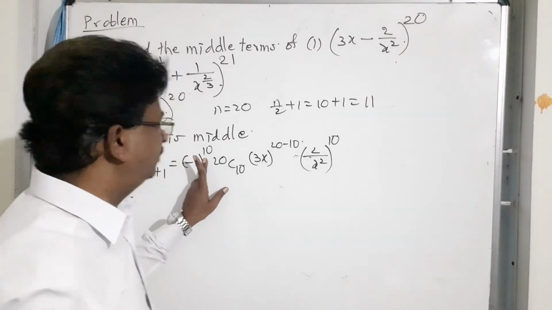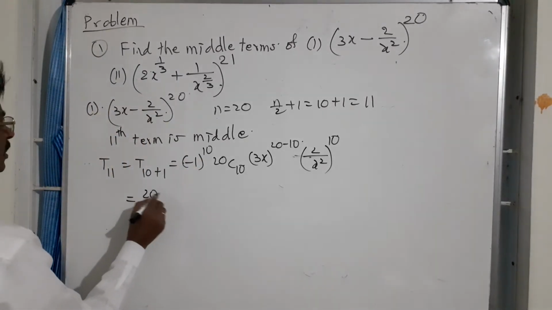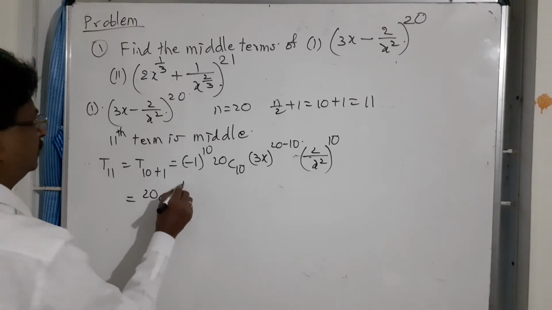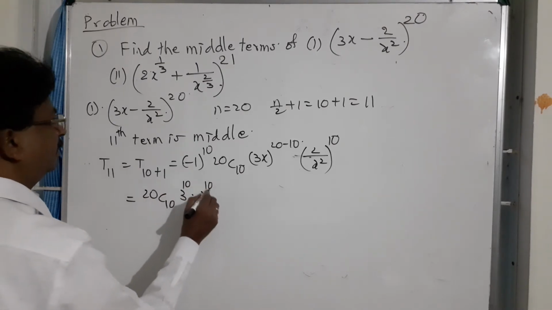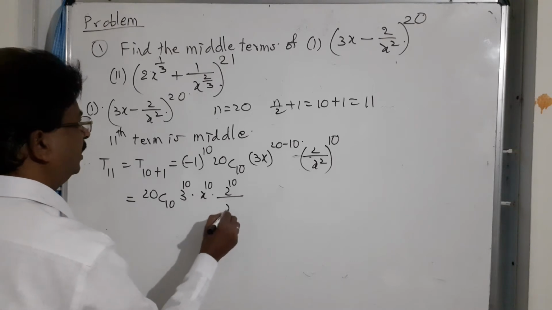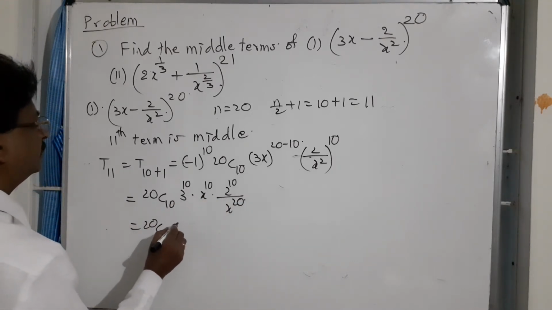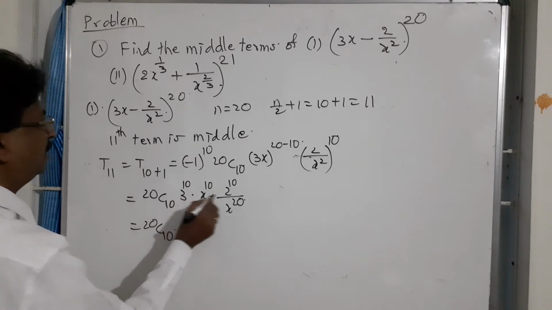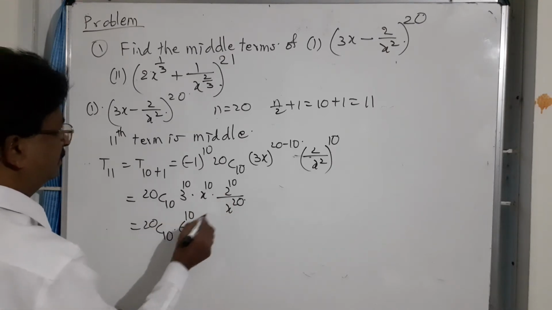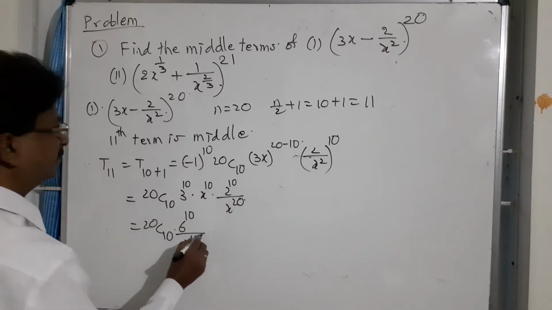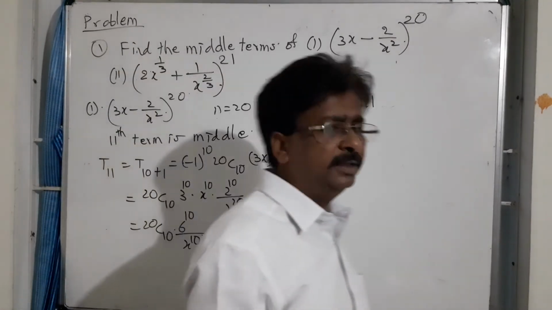This is 20C10 3^10 x^10 2^10 / x^20. So 20C10 6^10, 3 times 2 is 6, divided by x^10. That is the middle term in this expansion.